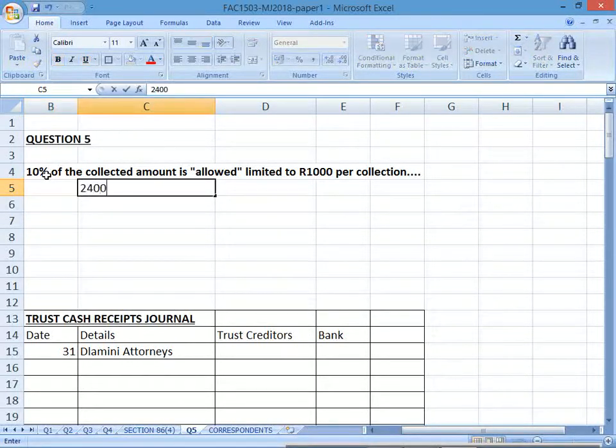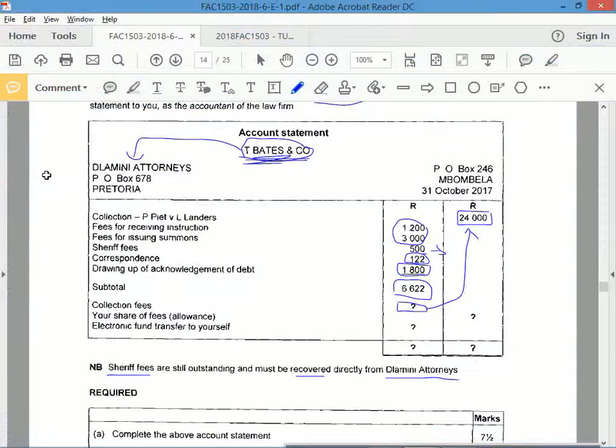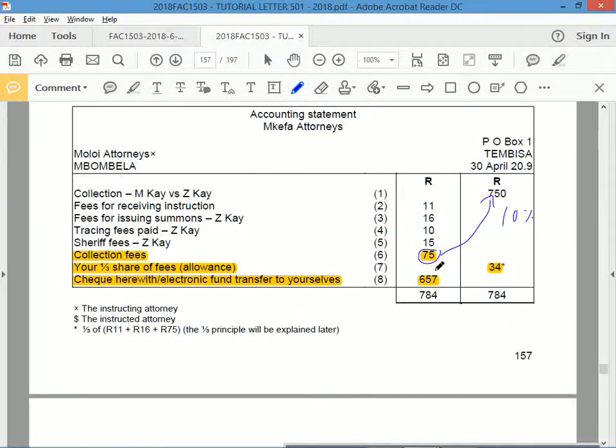So 24,000 times 10% gives you 2,400, limited to 1,000. Let's put that in there. 1,000 would go here. That's the first part. Right, so now you've got the collection fees.